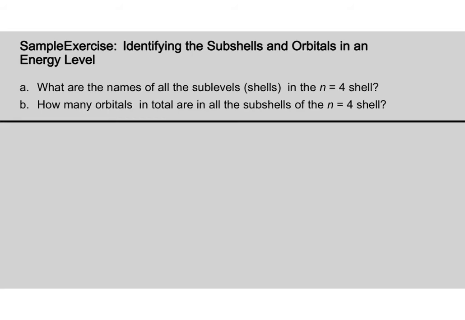All right, almost done here. Here's a sample one, which I'm going to do for you, and then I want you to go and try some on your own. What are all of the sublevels that are present when n equals 4? If n equals 4, what are the values that l can have?